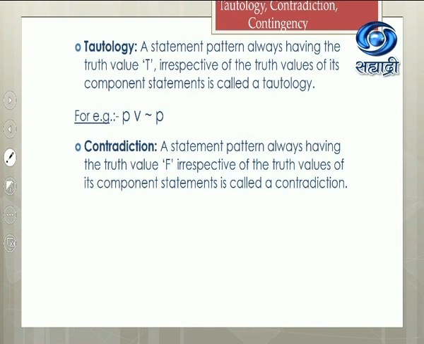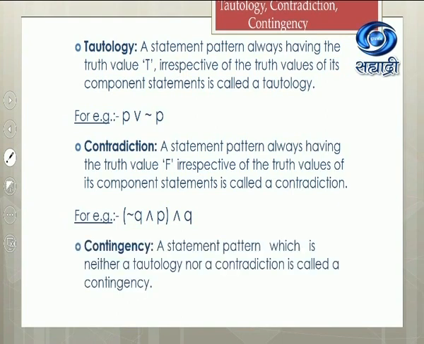Contradiction: a statement pattern always having the truth value false, irrespective of the truth values of the component statements, is called a contradiction. For example, negation of Q and P and Q. You can write this down and do it as homework. You can analyze that all the combinations are false, then it is a contradiction. Lastly, contingency: a statement pattern which is neither a tautology nor a contradiction is called a contingency. Examples are P implies Q and Q implies P. You can write this down and again do it as homework.